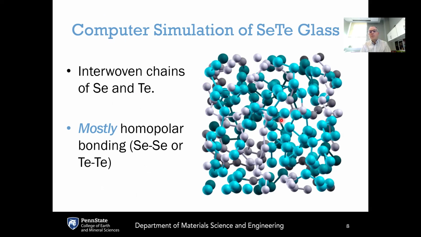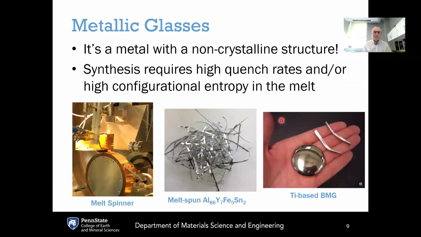But there is a preference for bonding between like species, meaning that selenium prefers to bond to selenium and tellurium prefers to bond to tellurium. So even though they both make chain-like structures, the glass structure seems to be segregated at the chain level, where there are selenium chains and tellurium chains that are interwoven with each other. And so there's not as much mixing within the chain itself.